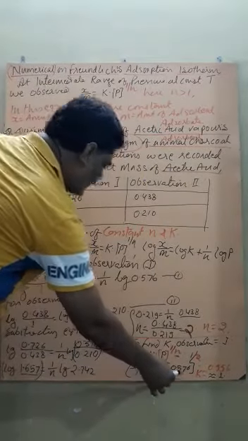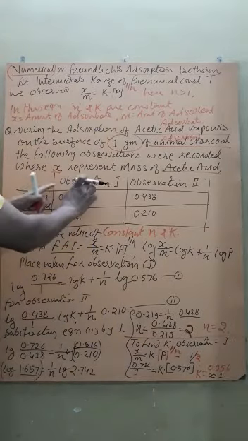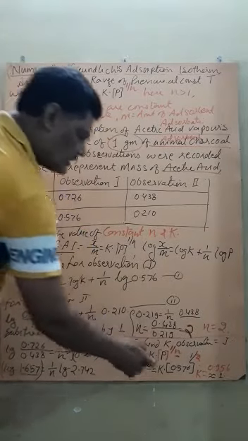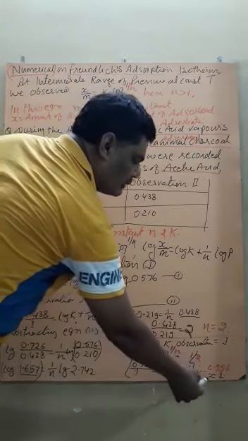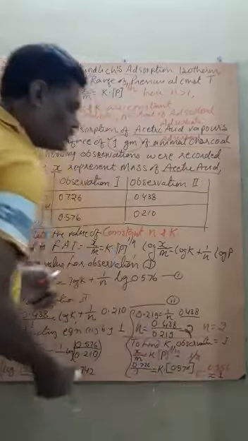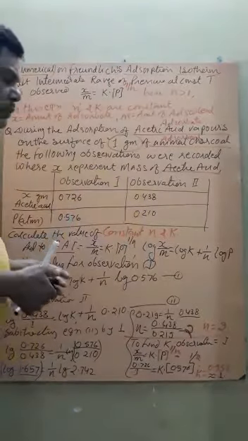K into the pressure of observation number 1, 0.576, and then power 1 by 2. When you solve, it will give the value K is equal to 0.956 or almost equal to 1.